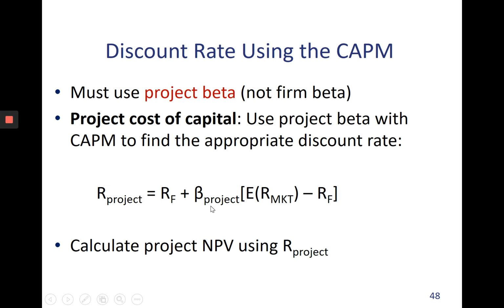Next, let's talk about calculating the discount rate that we use. And of course, this is a review from CFA 1, but I promised that the lectures would be self-contained. And so for calculating the discount rate, we use capital asset pricing model, or CAPM.